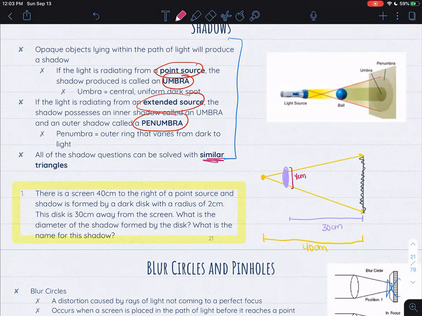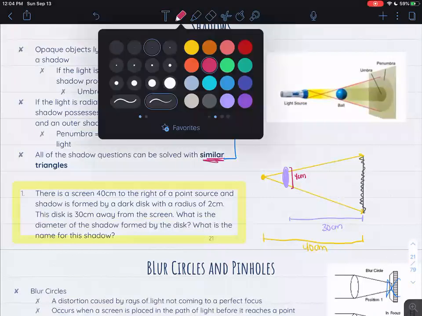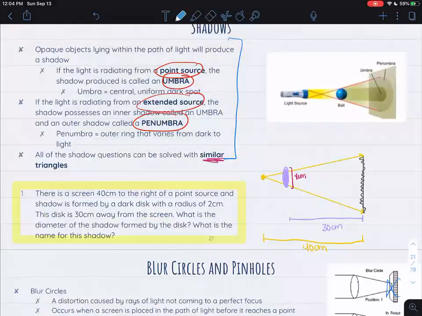So I'm going to compare the distance from the point source to the shadow as one large triangle, as one of our pieces of the proportion. So this triangle here, we're going to compare to figure out how big the shadow is.